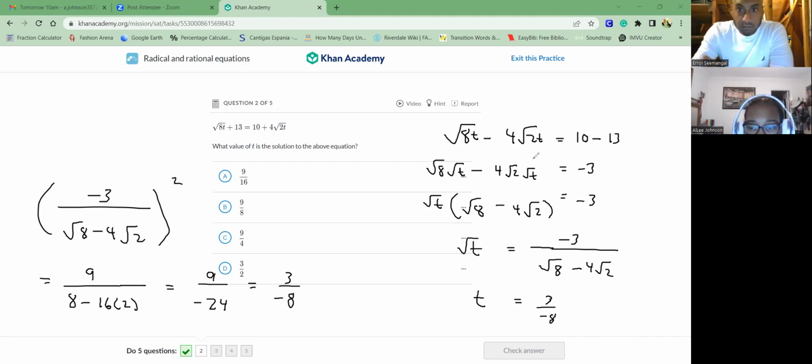All right, let's check the math again. So we broke down the root 8t into root 8 root t minus 4 root 2 root t, okay, equals -3. 10 minus 13 is -3. Then we factored out the root t. Then we divided both sides by root t. No, by this.